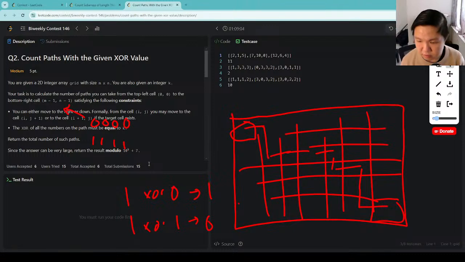Let me see. After Zor should be 0. Zero.